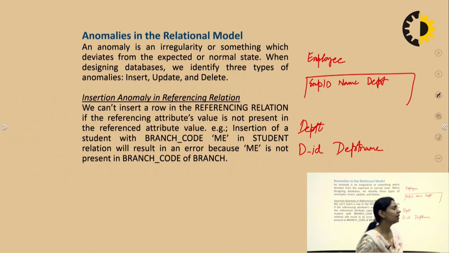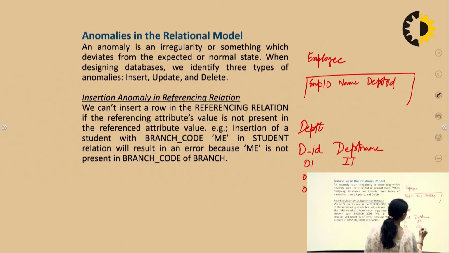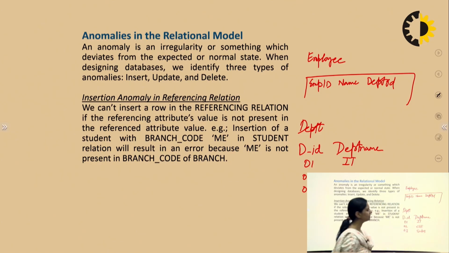Now, suppose this is the department ID. Here I have 01, 02, 03, with departments maybe IT, CSE, sales. These are 3 departments that are already there, and there are certain employees in all 3 departments.